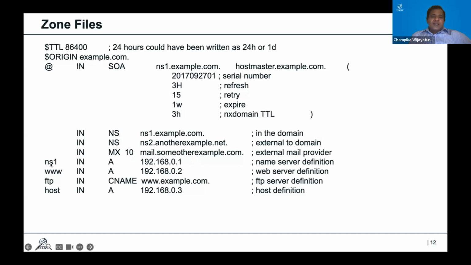In actual fact, this label should be ns1.example.com dot. This label should be www.example.com dot. ftp.example.com dot, right? So rather than typing example.com dot in every record, you would specify that here, $origin example.com dot, so that you can get rid of example.com dot part from all these records. It simplifies our zone file. Okay. So that's the idea of this origin statement.